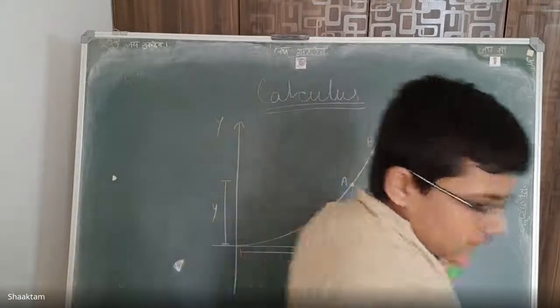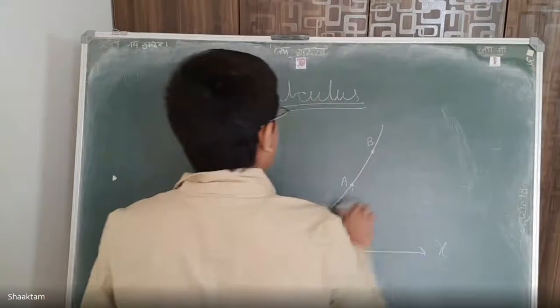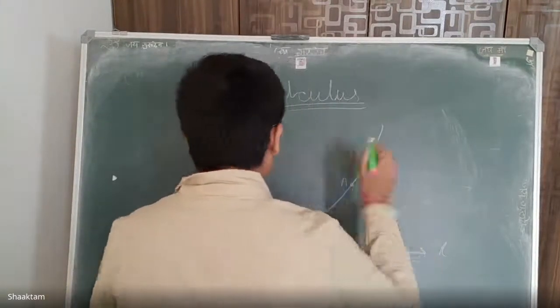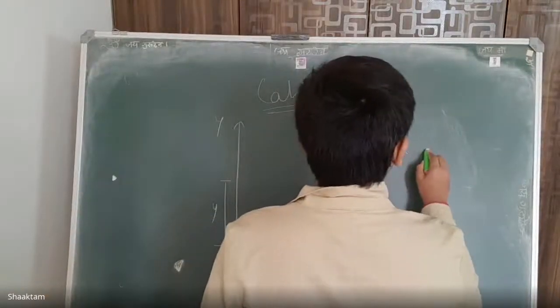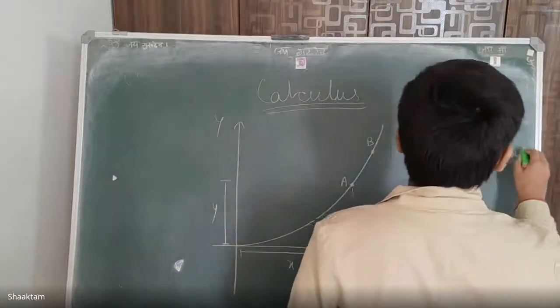Now, let me make some space over there. Let me say this point B has some other coordinates. The coordinates of B are x plus delta x, y plus delta y.